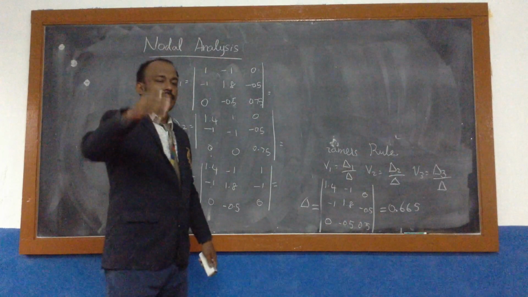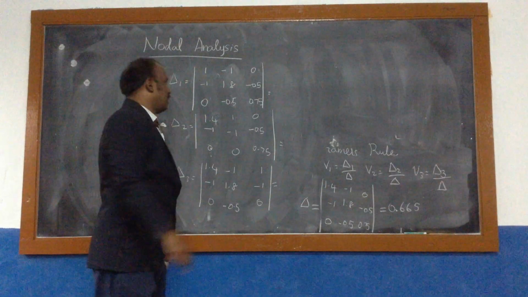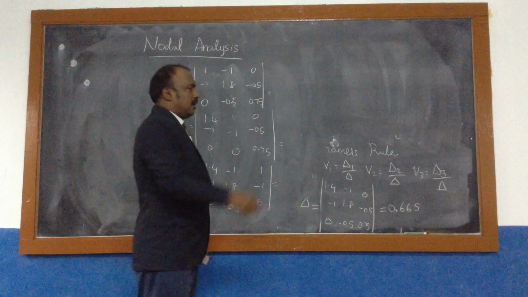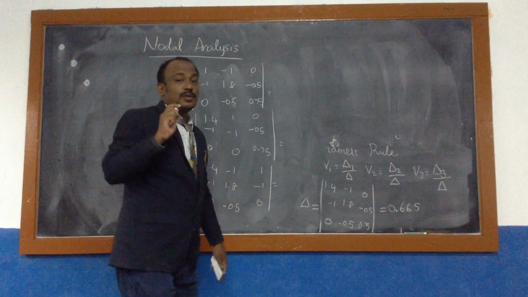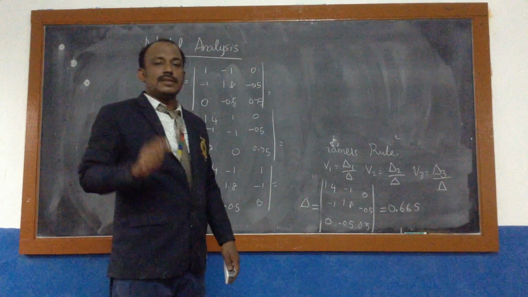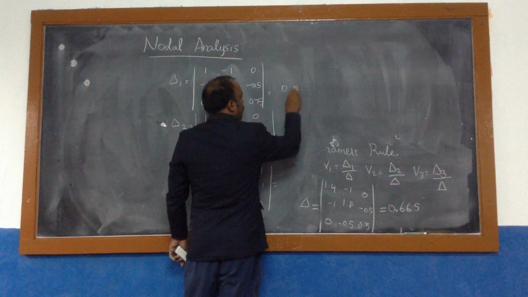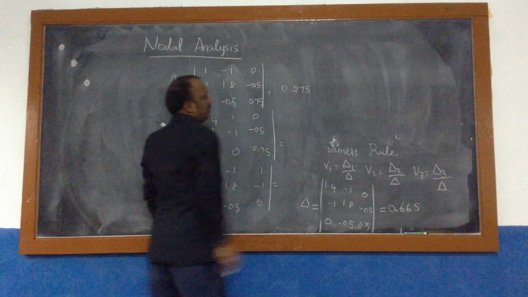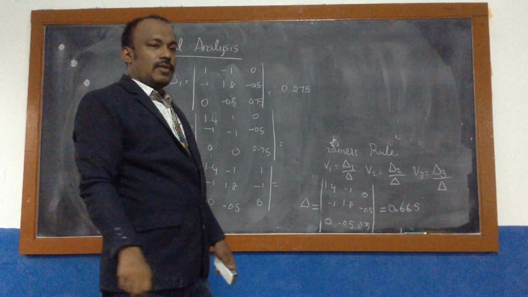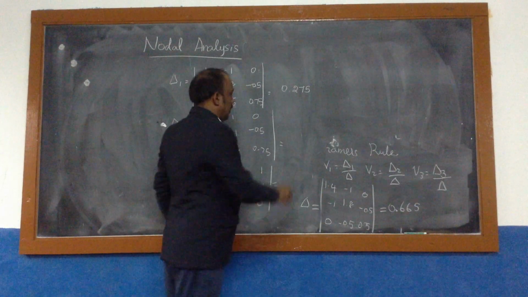Del 1 is 0.275. Whether it is positive or negative? Positive only, correct? That is very important. When you make a smaller mistake here, even if the sign differs, it will give you wrong results. So the value will be 0.275. Del 2, how much are you getting?